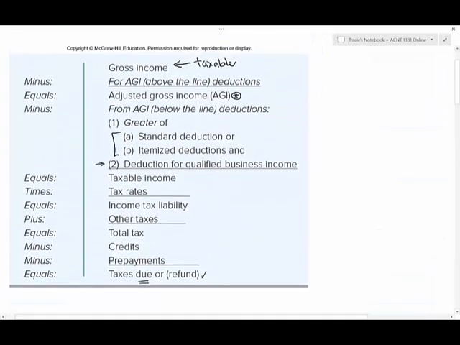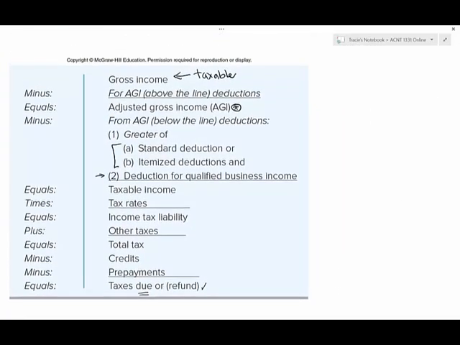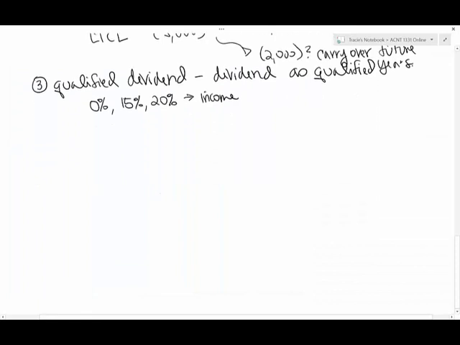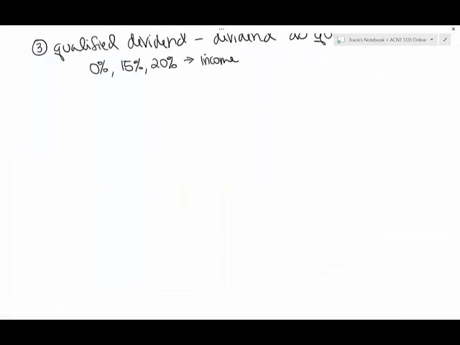Okay, let's refresh where we're at in our tax formula. So we have talked about our gross income, and now we're going to go in and talk about our deductions. The two types of deductions that we have are for AGI deductions and from AGI deductions. So let's start with our for AGI deductions.